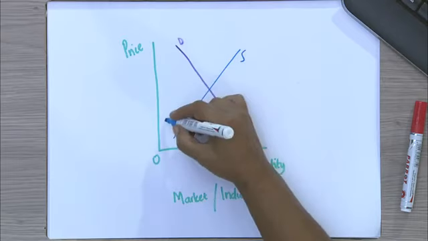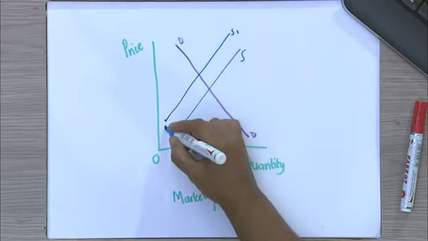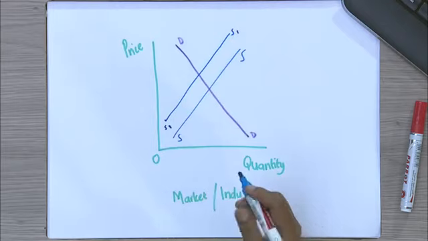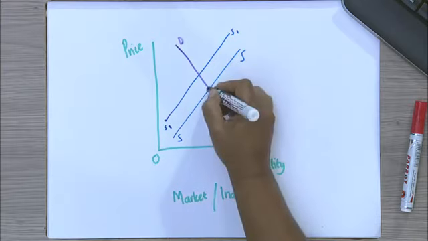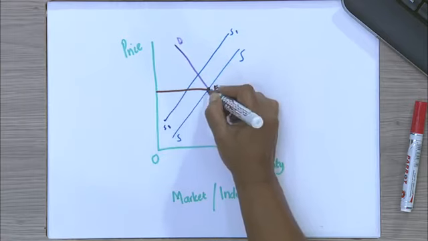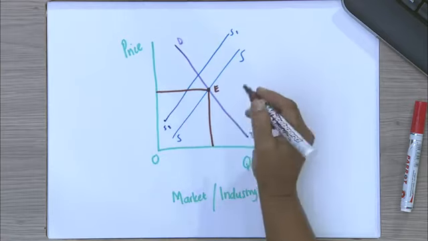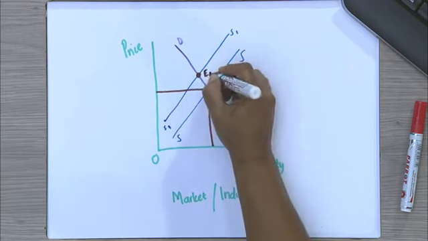So therefore, your supply curve will be displaced to the left, right? So what do we notice is that here we have the original price, right? That is where the original equilibrium was. So when the supply decreases, we're going to find a new equilibrium point at E1.